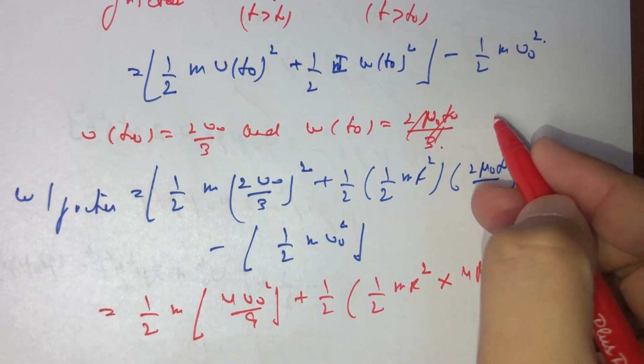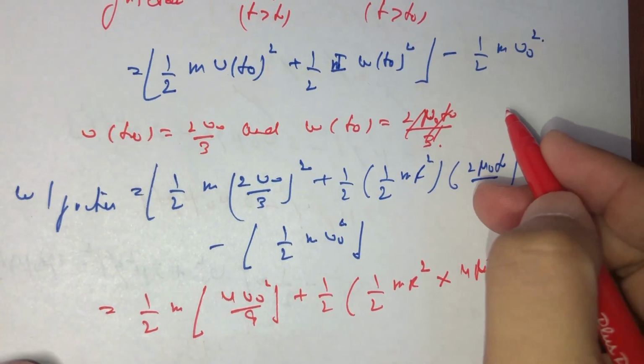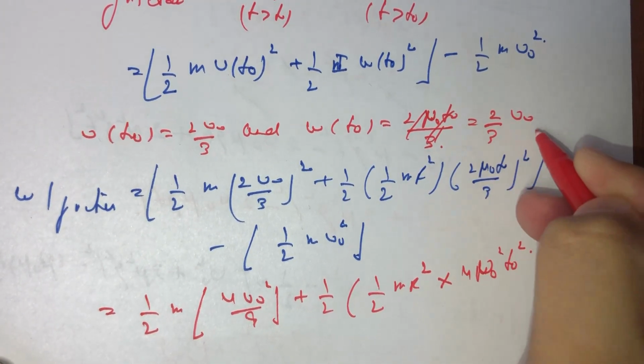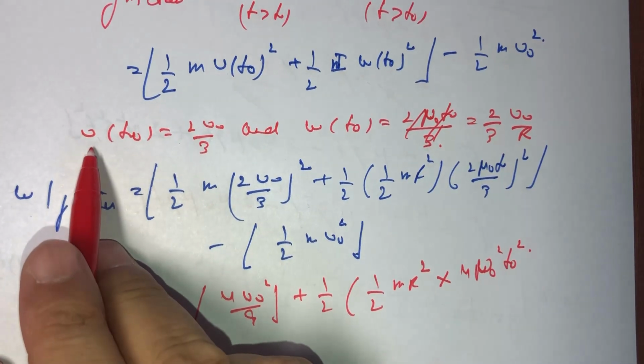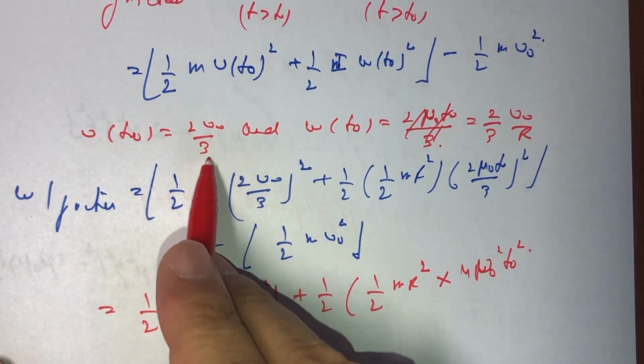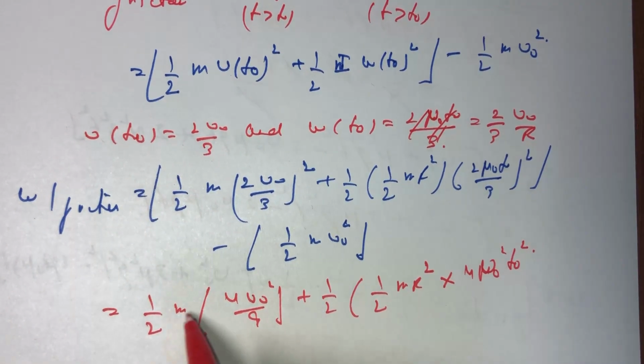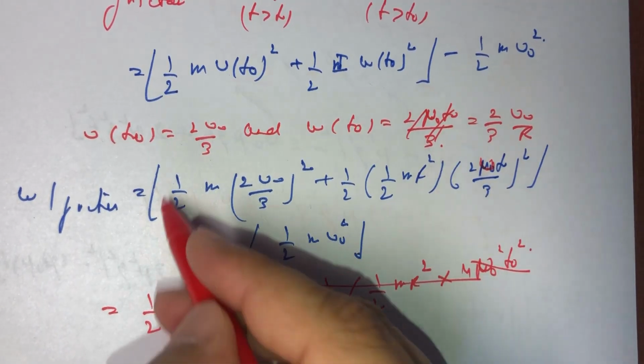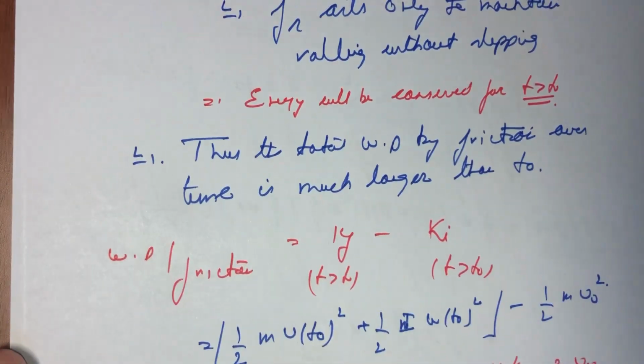So omega will come as equal to 2 by 3 v naught upon r, because v is 2 v naught upon 3. Let me write it again.